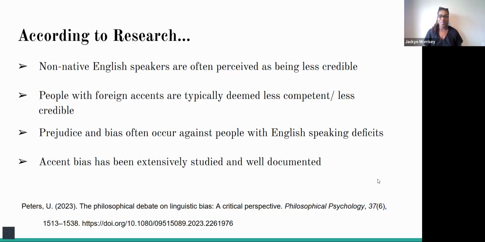Another factor that has come out of the research is that accent bias has been extensively studied and extensively well documented. Just like the example that I gave you before about people that come from the South, even here in America, and they move up north, or people from the North that move down south, or the West Coast or the East Coast, there are so many different stereotypical thoughts and ways of thinking that go along with people that have different accents, that there's such a great body of research that supports that prejudices and biases really do exist.